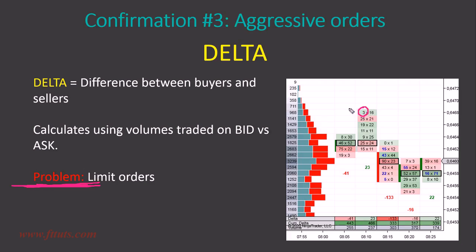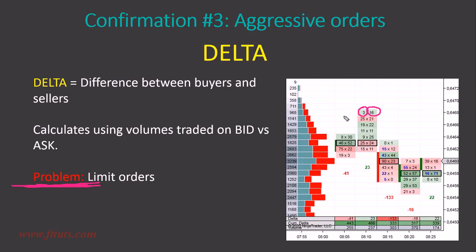And if you enter a short trade using a limit order, it will show in here. So it's exactly the opposite as if you are using market orders. And this single thing messes the delta up. Alright, so that's the reason why delta isn't the holy grail. Because if people are using limit orders, then the information delta is giving you is very distorted.